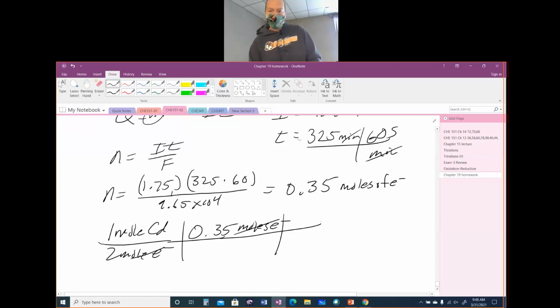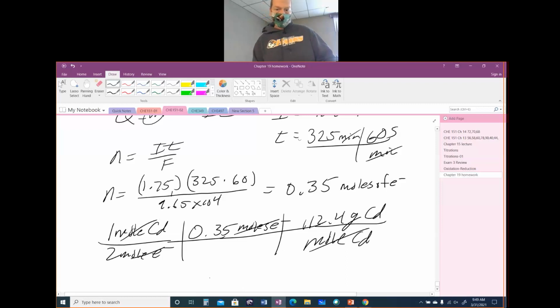The question wasn't how many moles of cadmium were deposited, it was the mass. And so then you find the molar mass, which is 112.4 grams per mole off the periodic table. And so moles of cadmium cancel the moles of cadmium, and now you have your answer in mass, 19.9 grams.